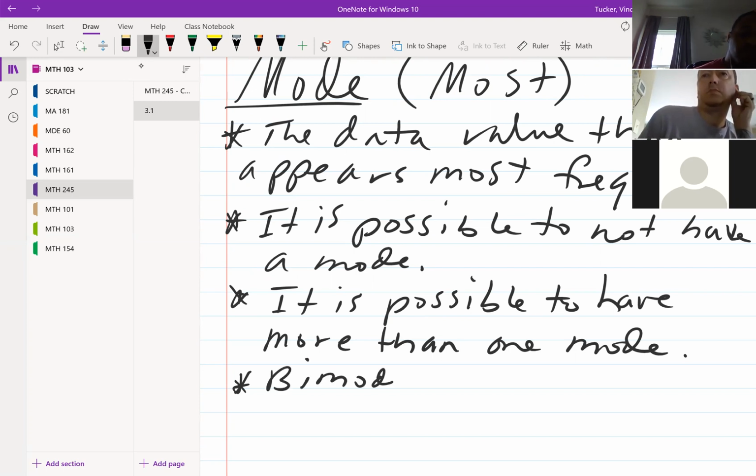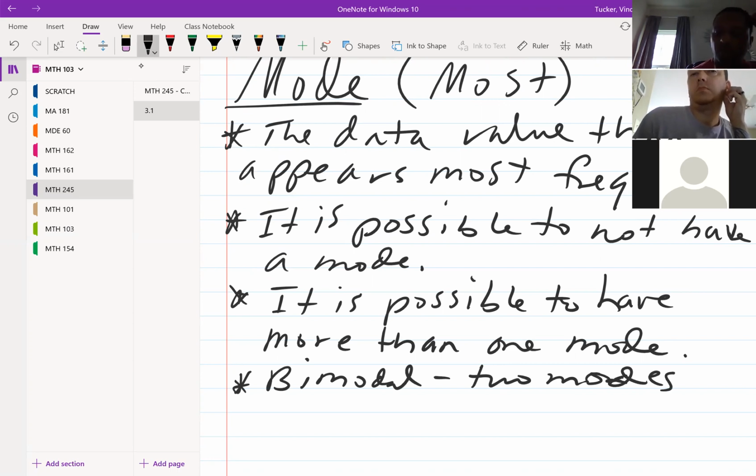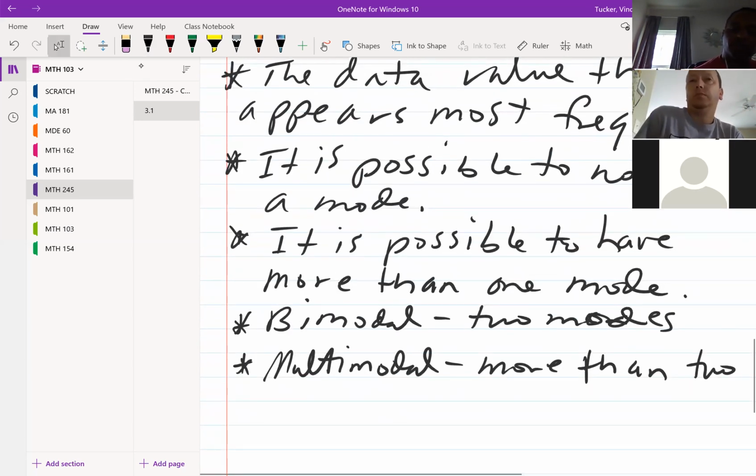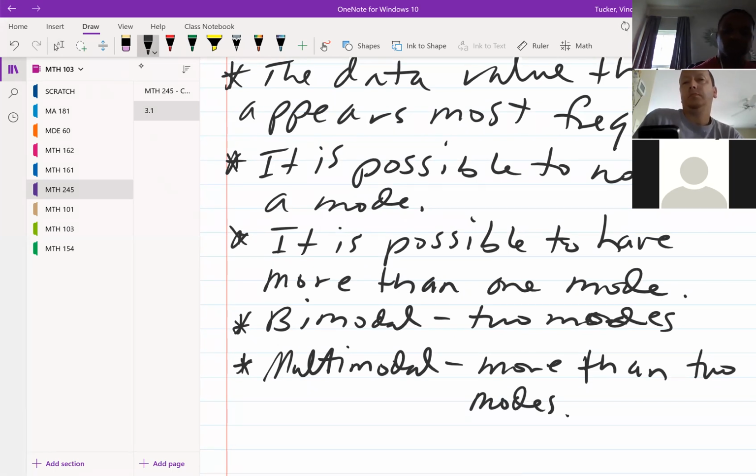Bimodal is two modes. And is it polymodal or multimodal? No, it's multimodal. So multimodal is more than two modes.